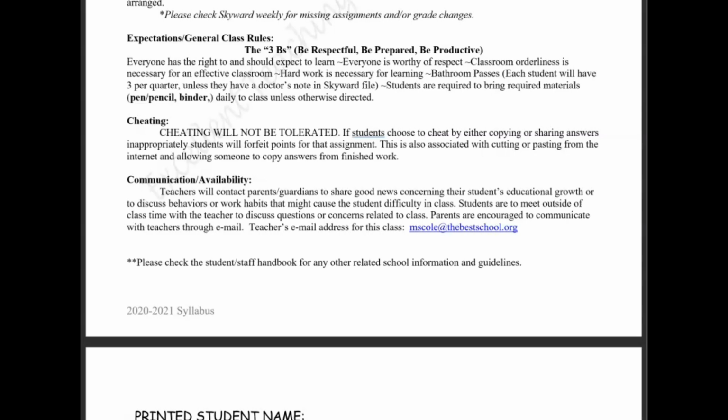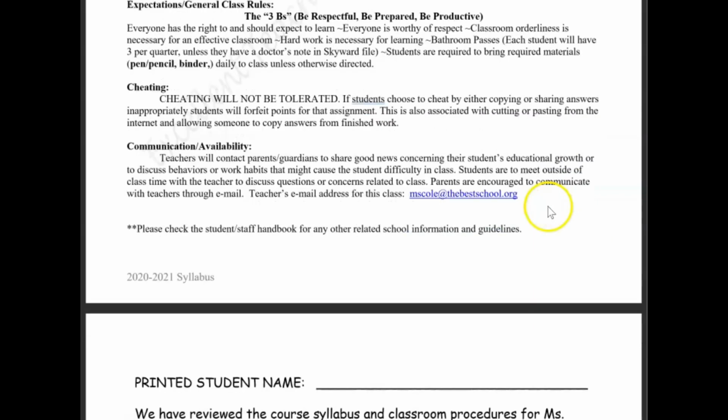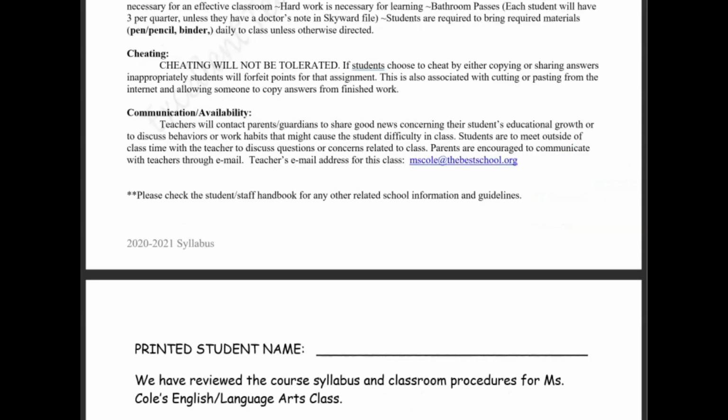And then my communication availability. I wanted parents to be able to contact me at least through email. And I didn't really use our Remind system. There were options to use Remind, but I wanted parents to just email me, or just give me a call if they had any questions or comments or concerns.